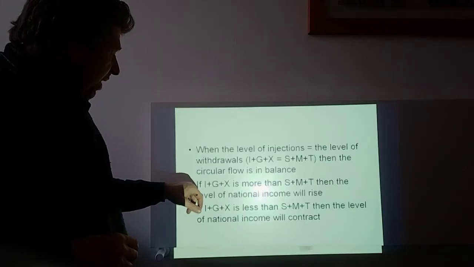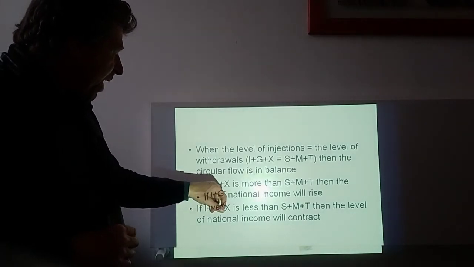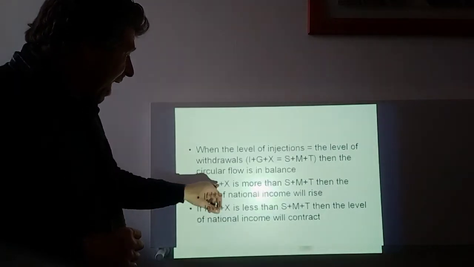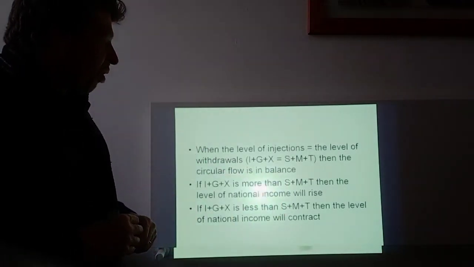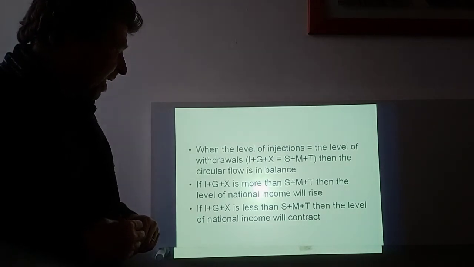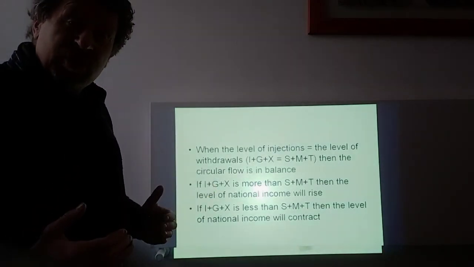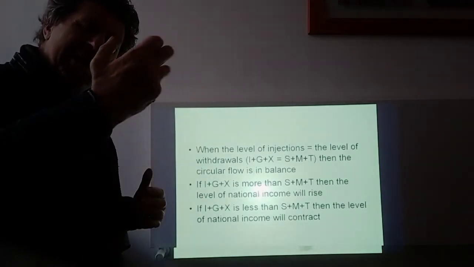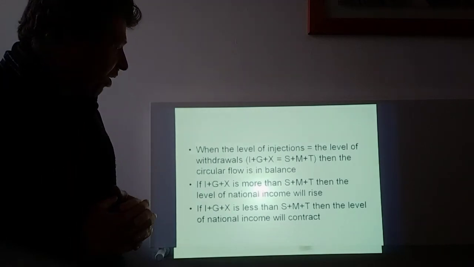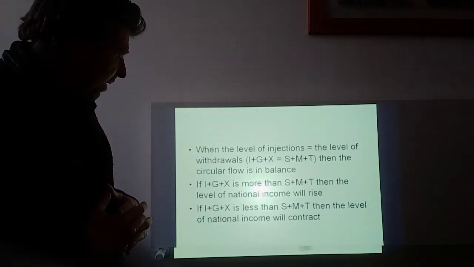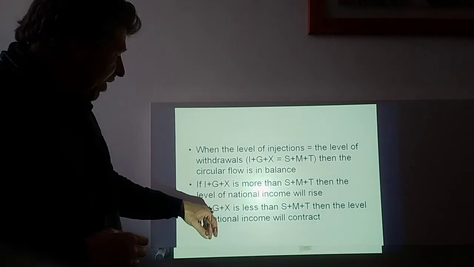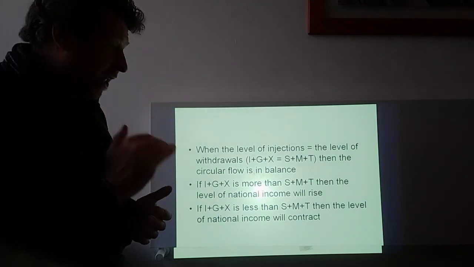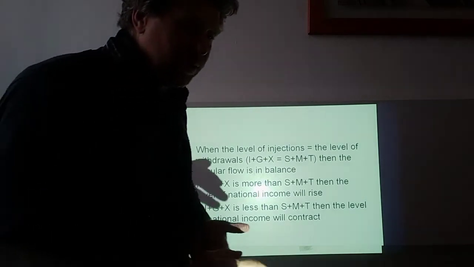If, for example, on the other hand, the injections, here you've got investment, government spending or exports, if that together is more than the withdrawals, which are savings, imports and taxes, then the national income should go up, shouldn't it? Money's coming in to this closed economy, the national income will rise. If, on the other hand, the injection is less, so more money's going out, then the national income will go down, it will contract.